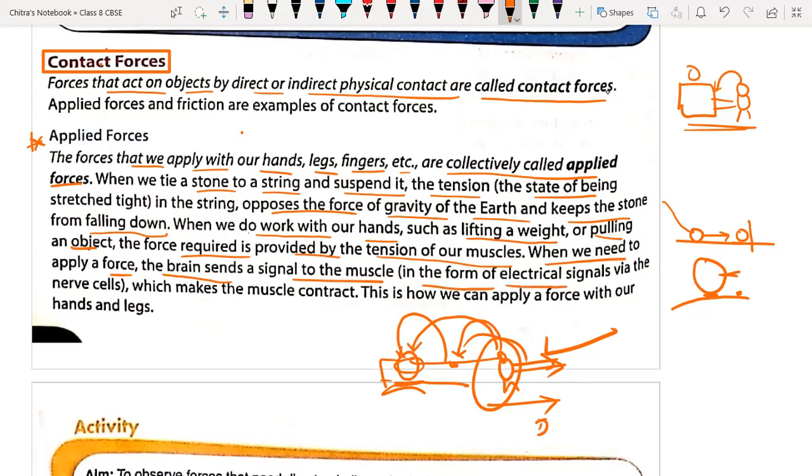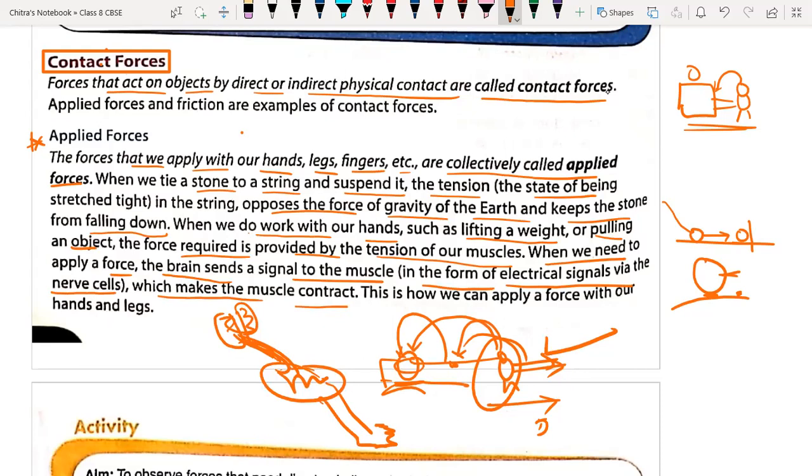The signal is in the form of an electrical signal via the nerve cells. So whatever signal is sent by the brain goes to the muscles. Here we have the brain and these are the nerve cells, and here we have the muscles, by which our muscles act accordingly, which makes the muscle contract and relax.